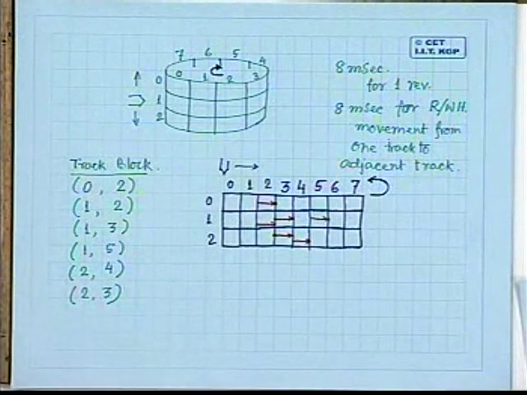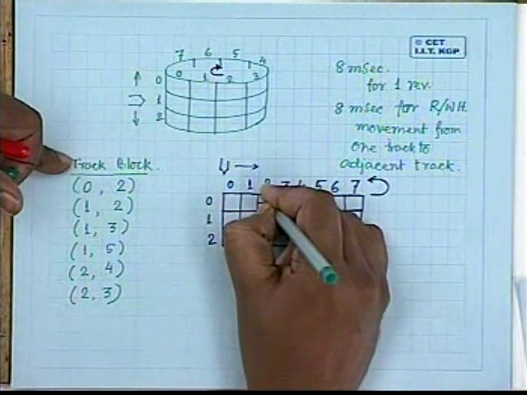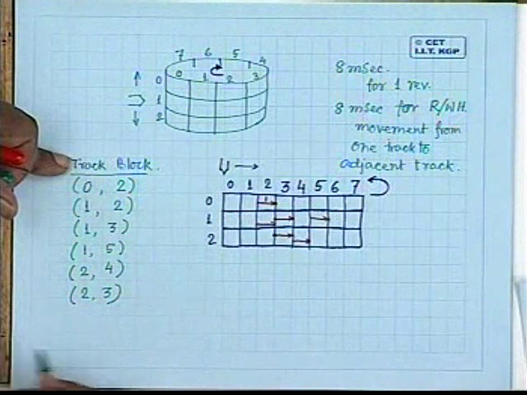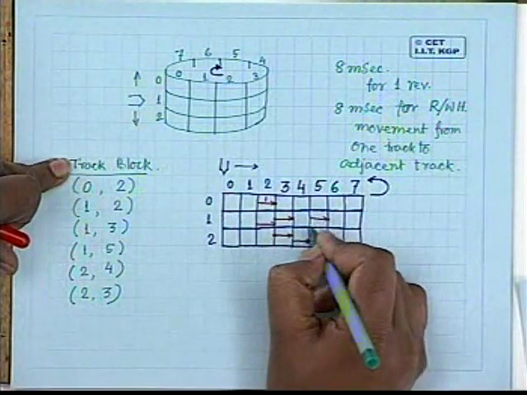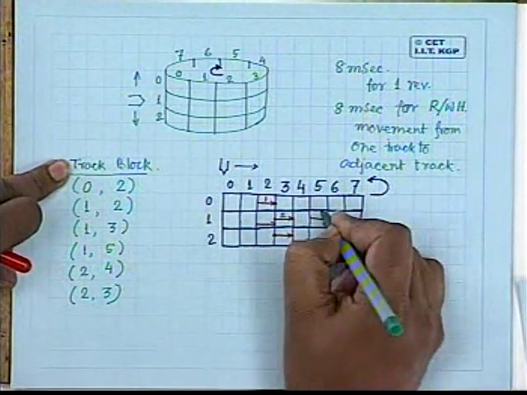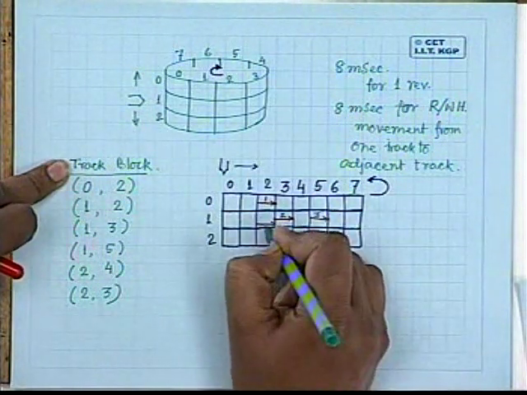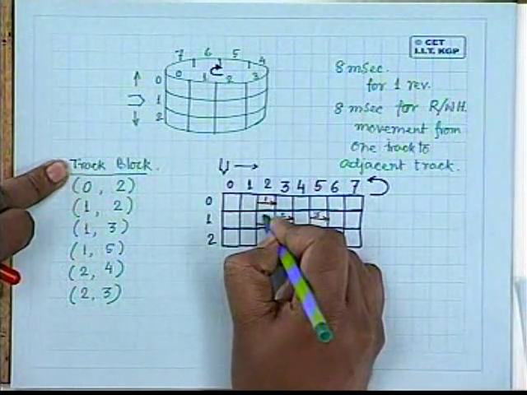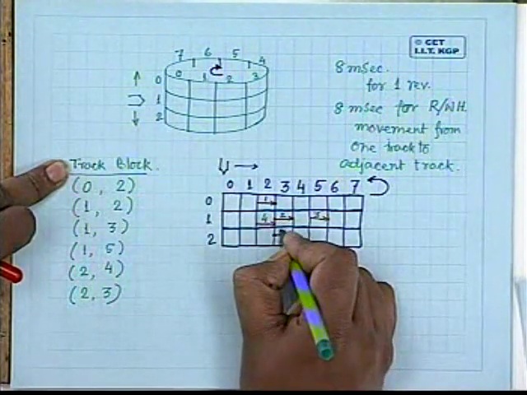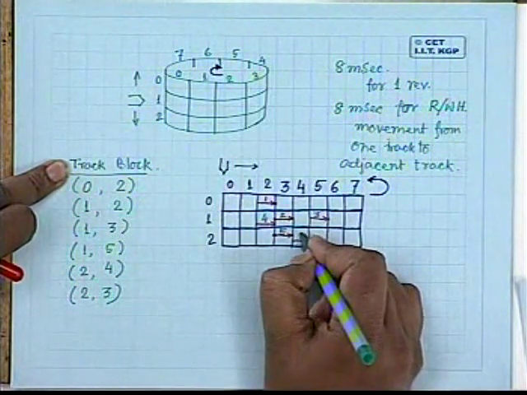So the sequence will be like this. First you read, so this is the first read operation, 0, 2, followed by 1, 3, followed by 1, 5, followed by 1, 2, followed by 2, 3, which is followed by 2, 4.